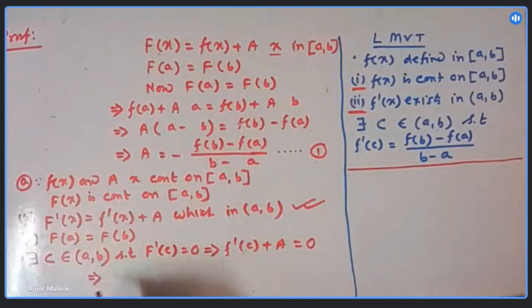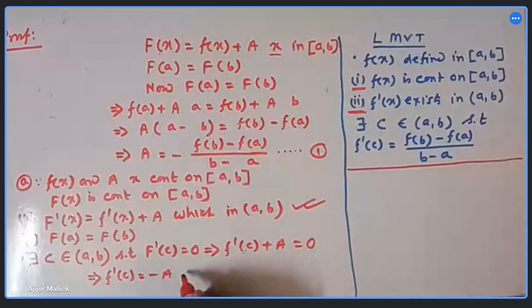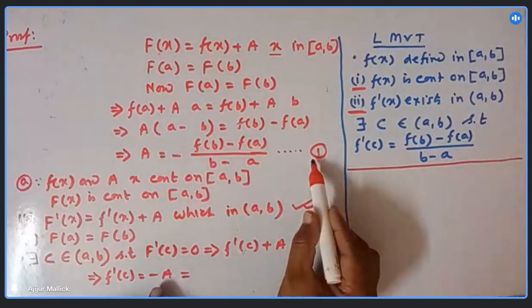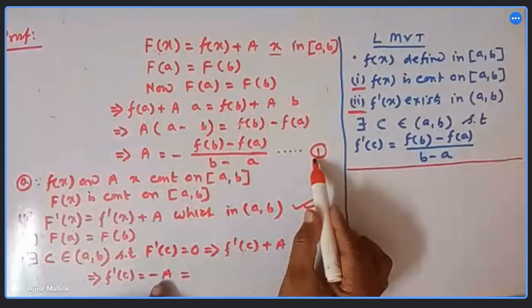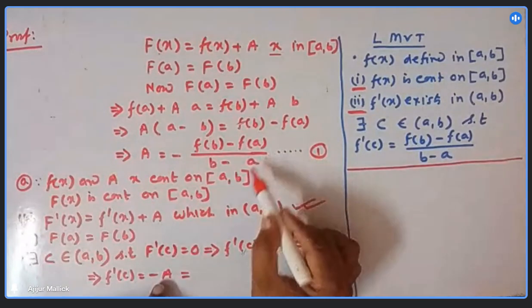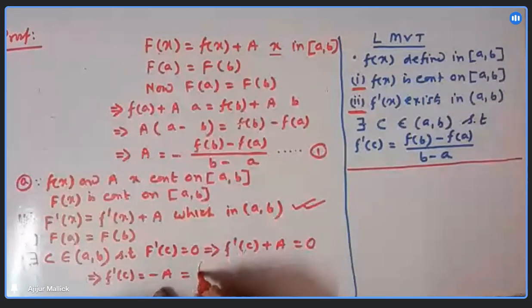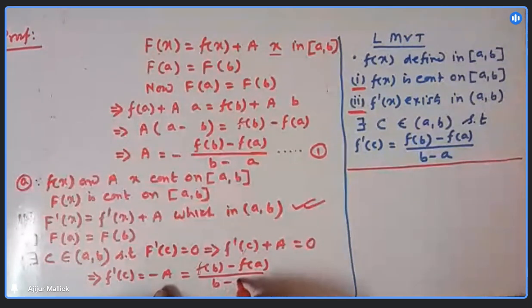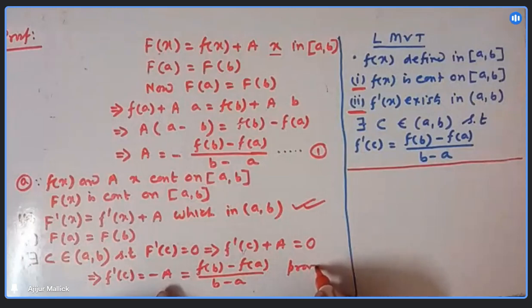So f dash c is equal to minus A. Now just put the value of A here: it is f(b) minus f(a) divided by b minus a. Hence proved.